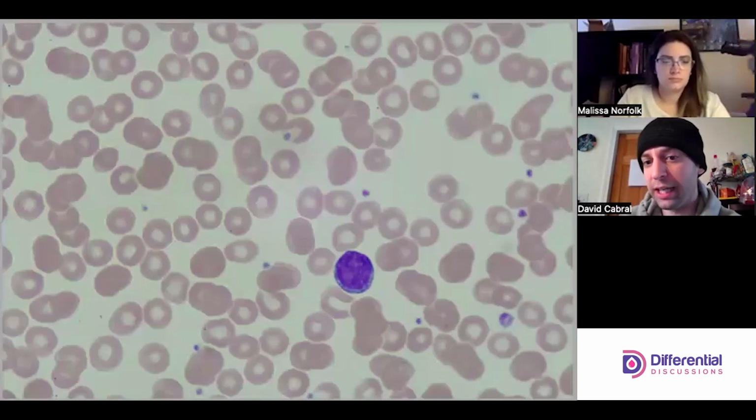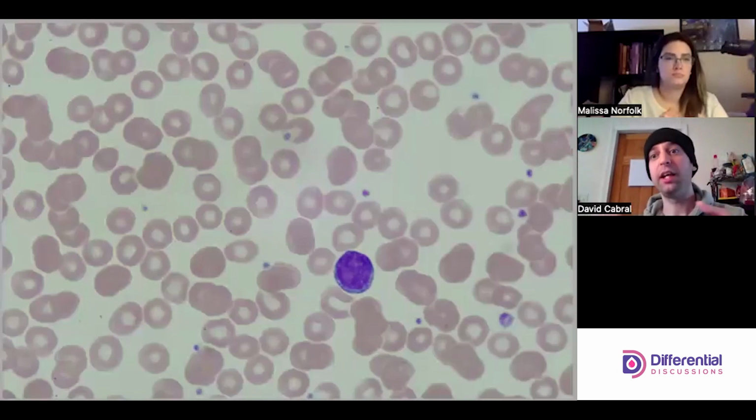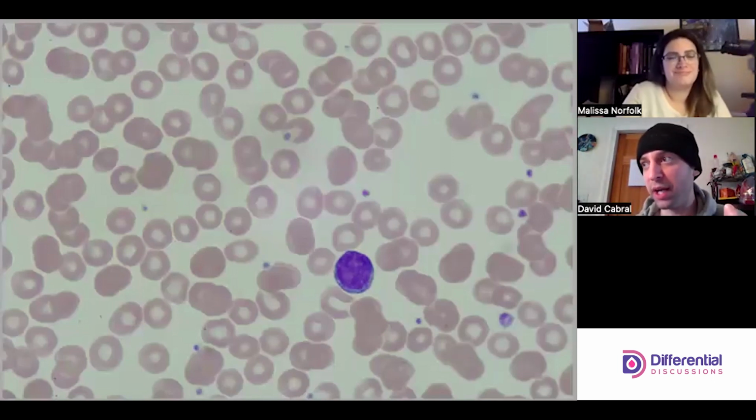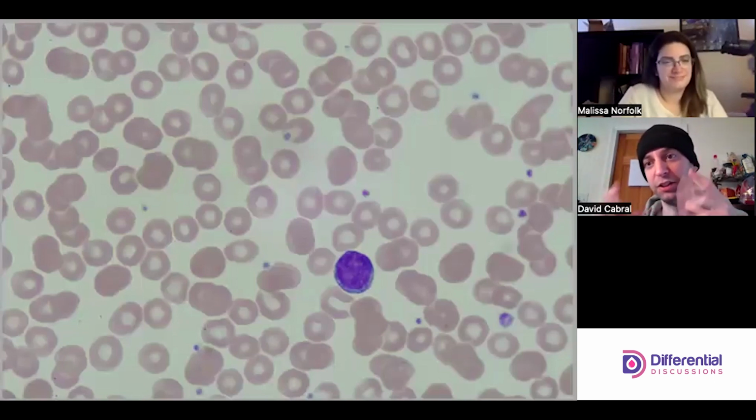And so my eye might pick up little details, and I can use those to help inform me as I move through the diff. But to be consistent, for us to call a reactive lymph, we need that deep basophilia and that large cell size. And the nucleus should also be affected by that, the stretch and the pseudopod formation. So I can see features, but not the complete package to make the call, if that makes sense.